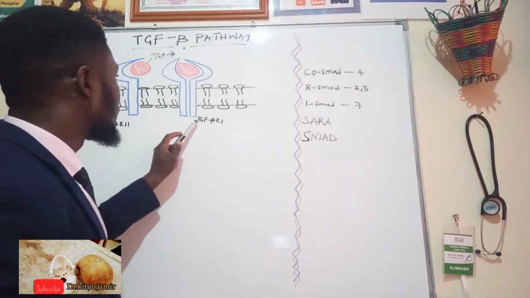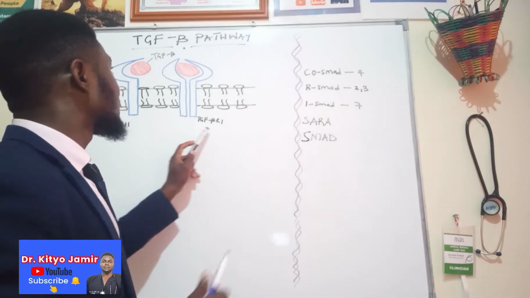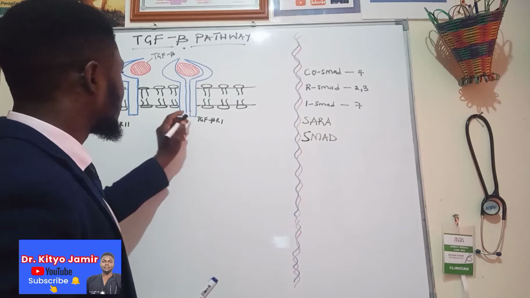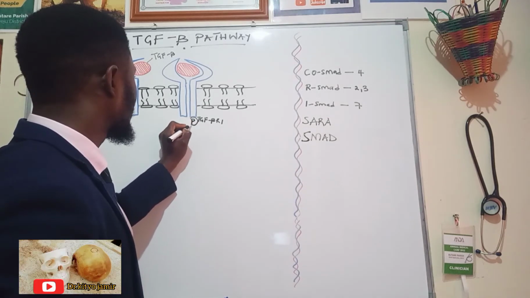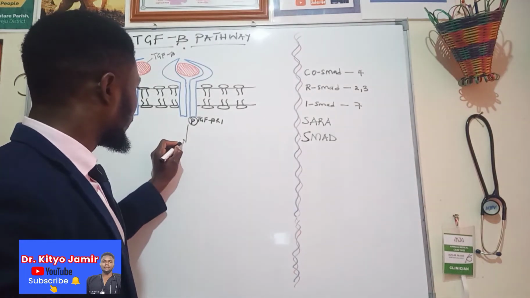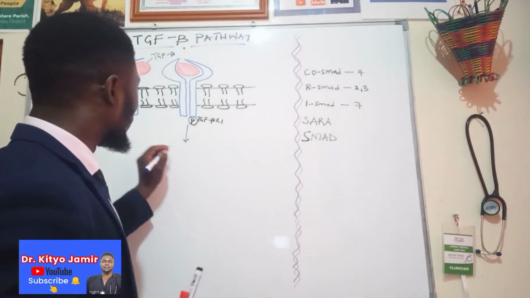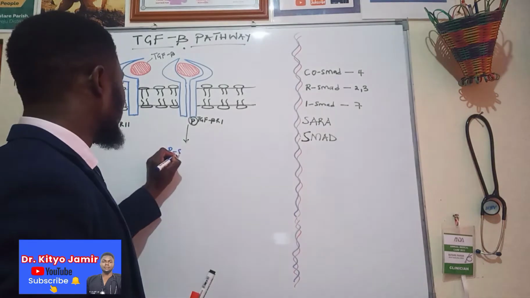We are going to have transforming growth factor beta receptor 1 coming in. Once it comes in, we are going to have autophosphorylation of the receptors, and this is going to lead to phosphorylation of our receptor-regulated SMAD.